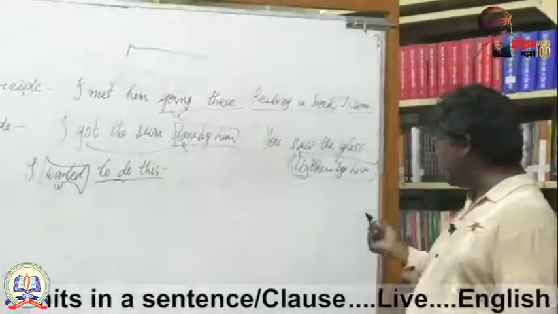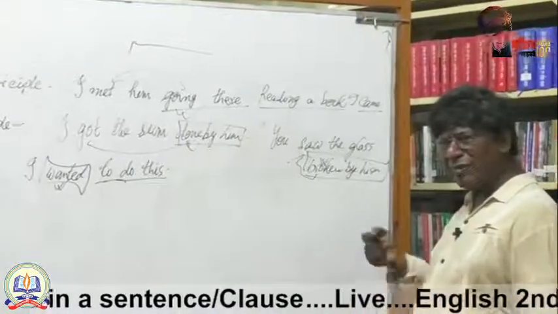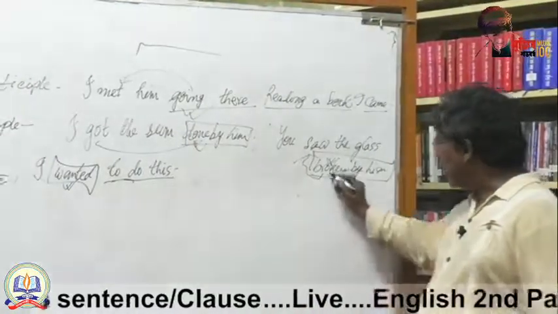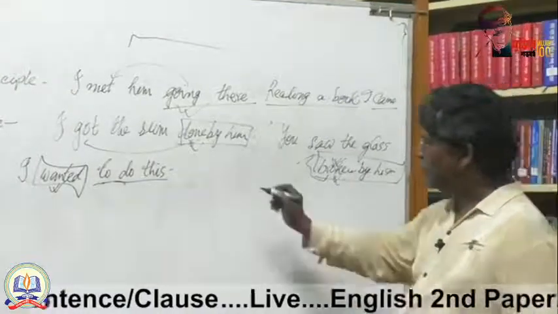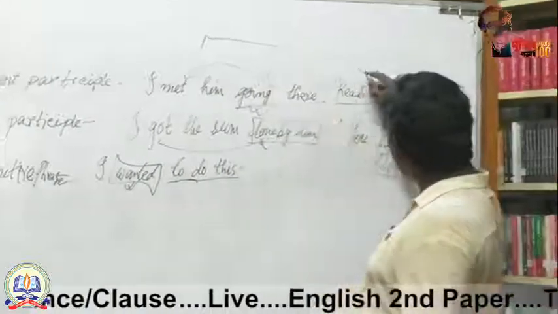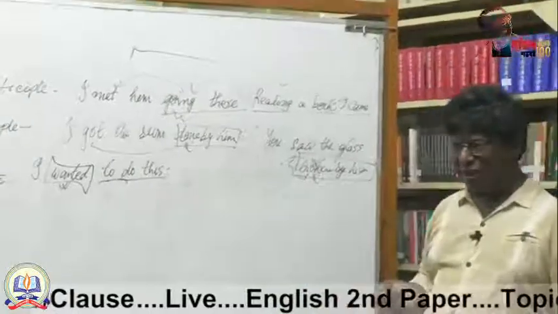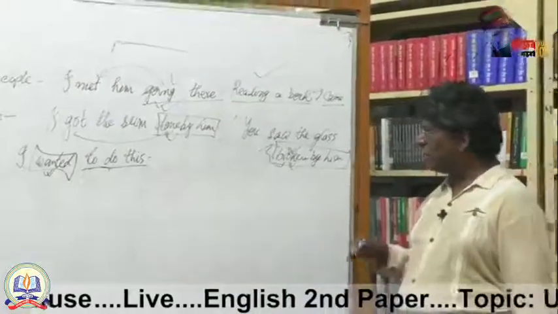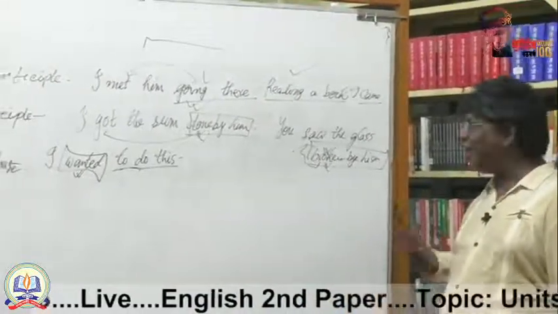Both done and broken give an idea of a passive verb, and going and reading, present participles like these ones, give us the idea of active verbs.